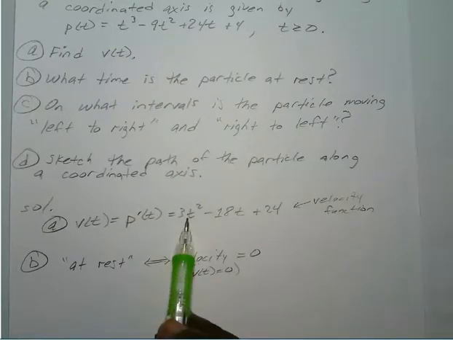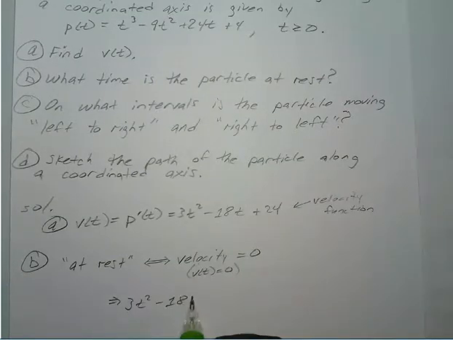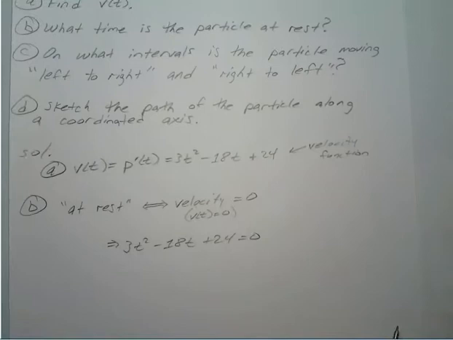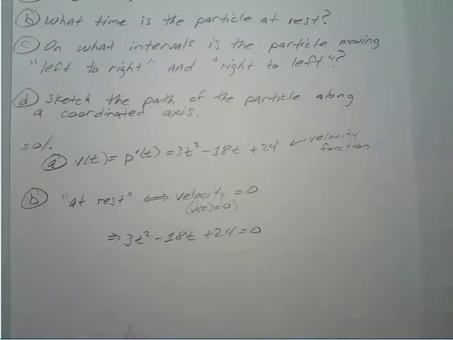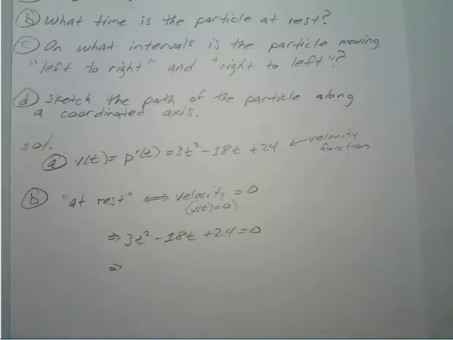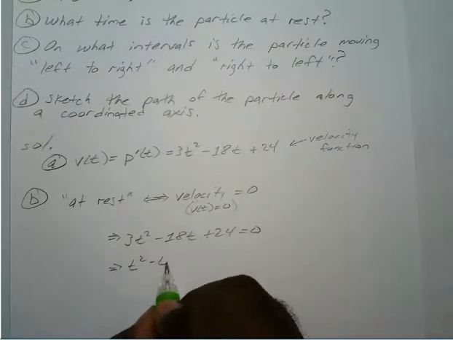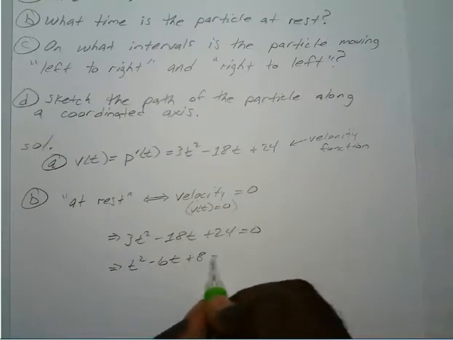Or 3t squared minus 18t plus 24 equals 0. All right, so if we divide each term by 3, that simplifies quite a bit, which is t squared minus 6t plus 8 equals 0.